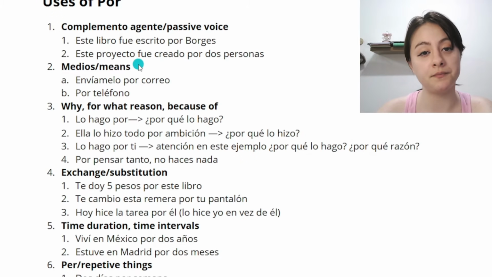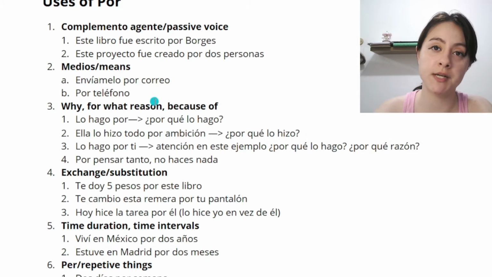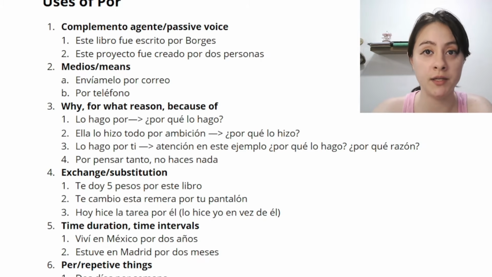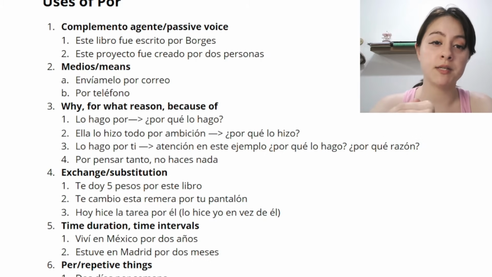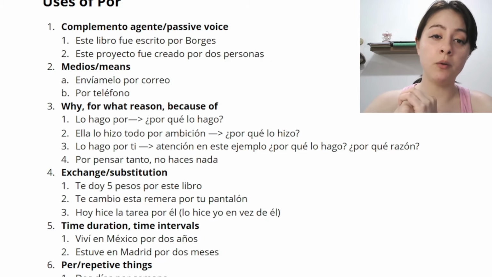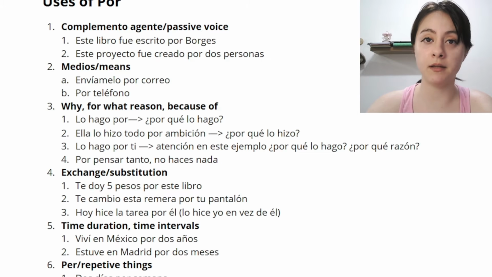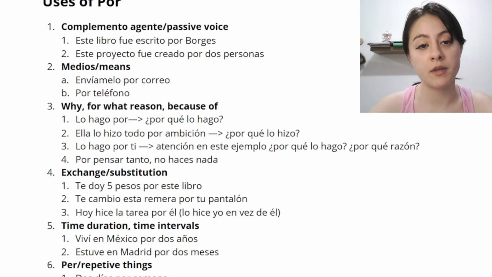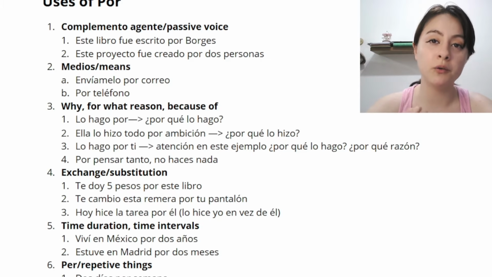Second meaning, it is used to express the means of exchange, the means of doing something. For example, envíamelo por correo. Send it to me by email. Or you could also say, dímelo por teléfono. Tell me by phone. Por teléfono.